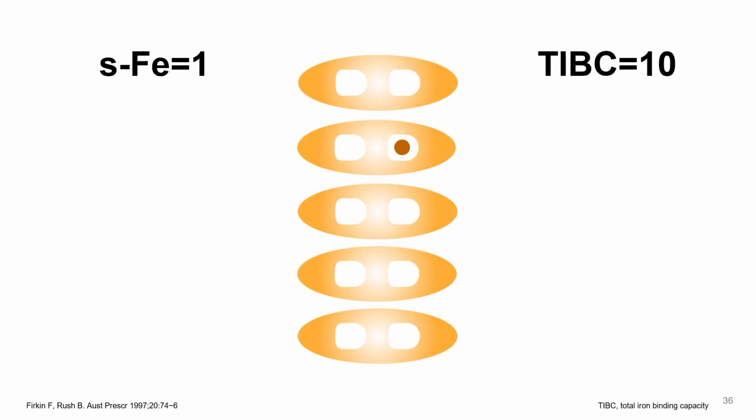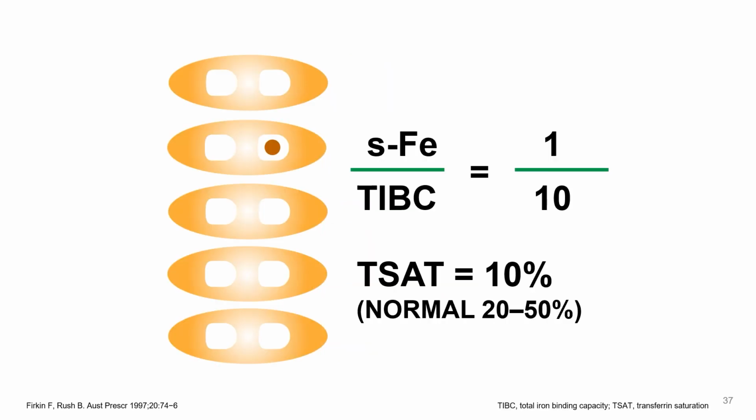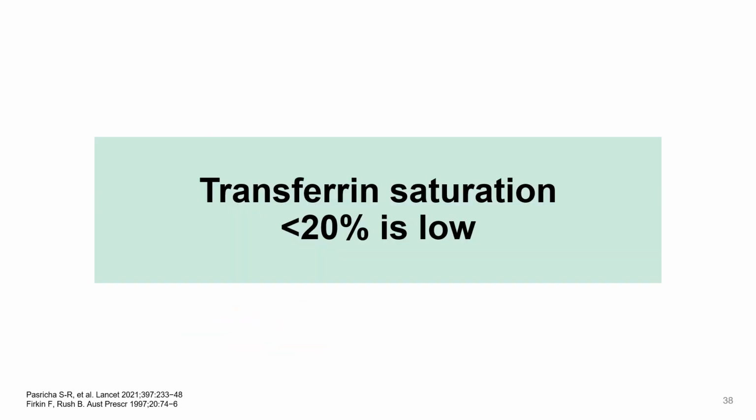In this case, we can see that we still have 10 seats, but only 1 iron on a seat, which means that the transferrin saturation is now going to be much lower because fewer seats are taken. We repeat our calculation, you can see the saturation is now 1 in 10 or 10%. So as a rule of thumb, you can say that transferrin saturation below 20% would be considered as low.